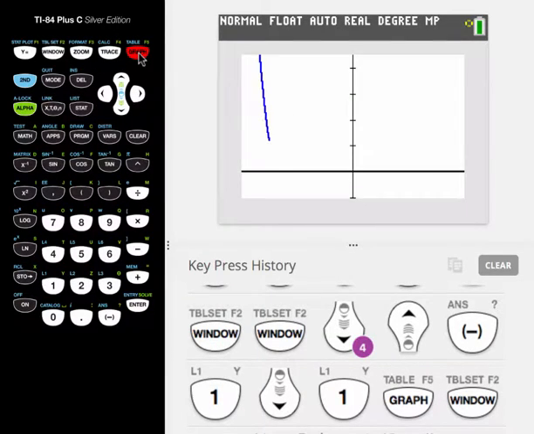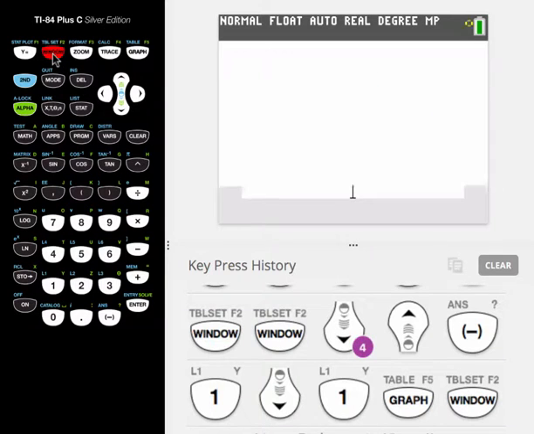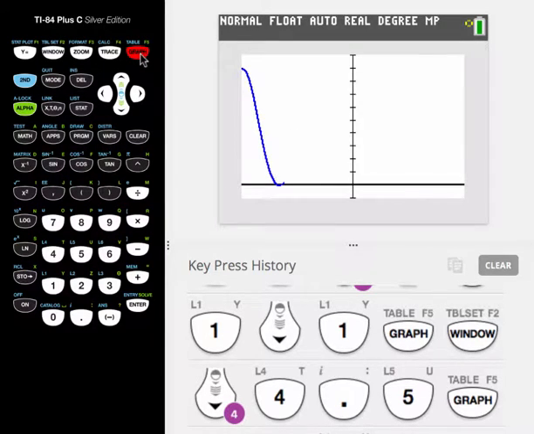Oh, of course not, because it's 4 plus 1, so that's 9. So let's go all the way up to 10. Is that right? Yeah, so any horizontal line can only intersect it 3 times.